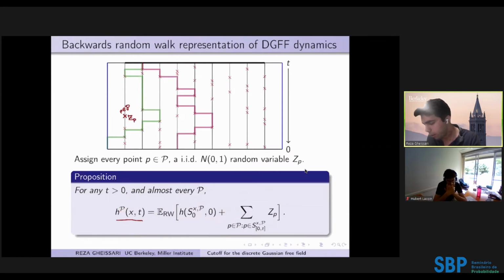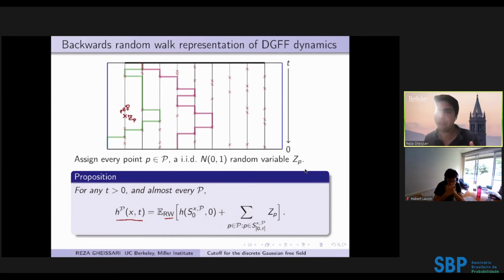The H of xt is exactly equal to the expectation over just the jumps of the random walk of the initial height profile evaluated on S0xb, where S is the random walk, at time 0. Remember, we start at time t and go backwards.